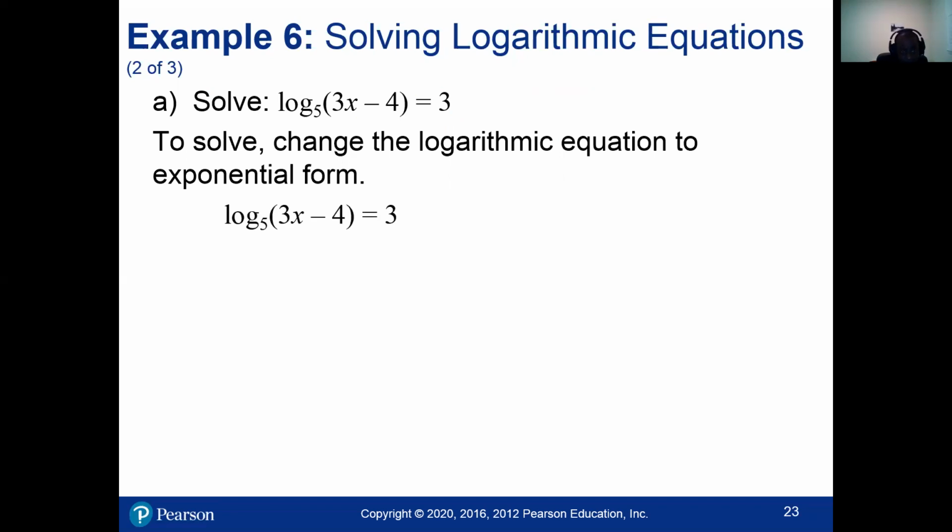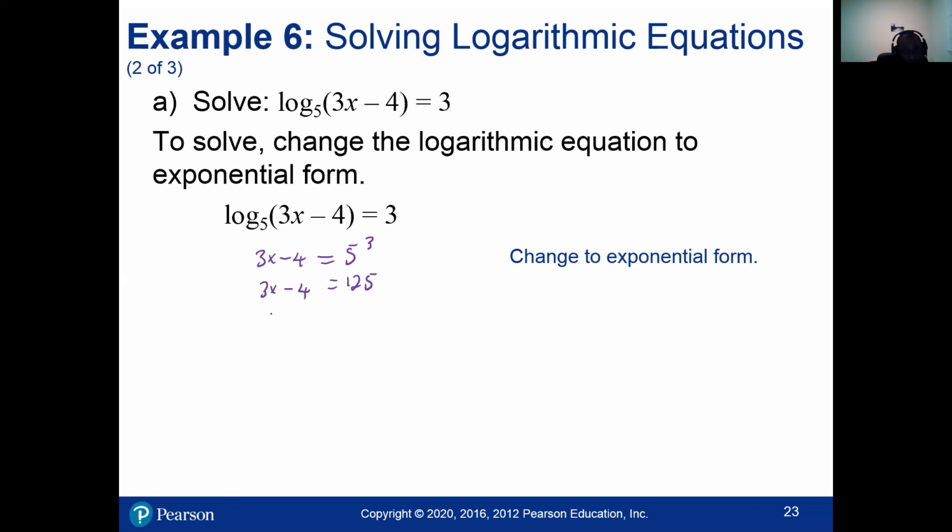All right, so first let's change this to exponential form, which becomes 3x minus 4 is equal to 5 raised to 3. Now 5 raised to 3 is 125. And we get 3x minus 4.